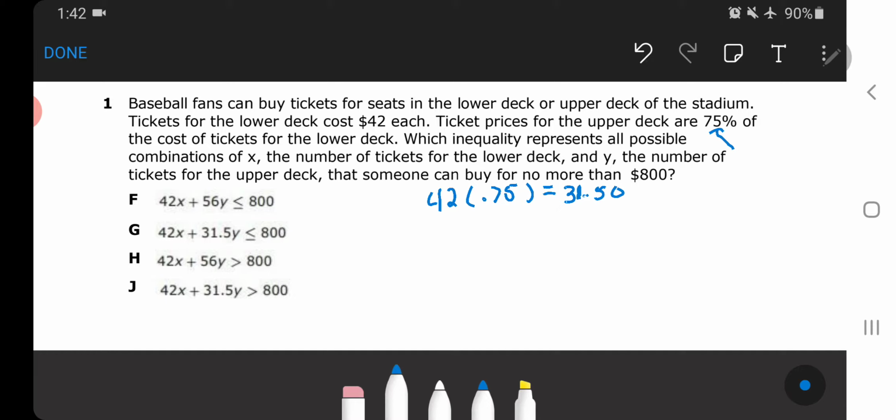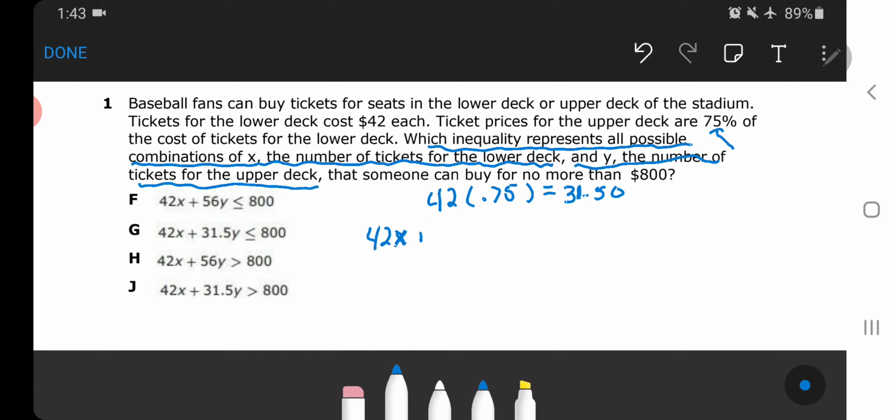Okay, so now we want an inequality that represents all possible combinations of x, the number of tickets for the lower deck. Well, we know the lower deck is $42 each, so 42x. And y, the number of tickets for the upper deck that someone can buy for no more.